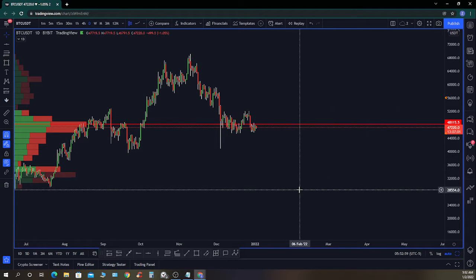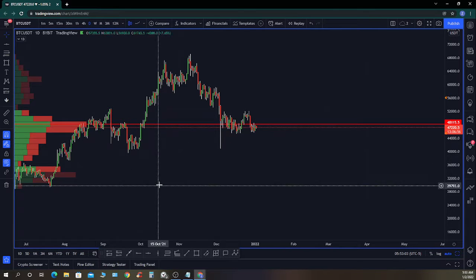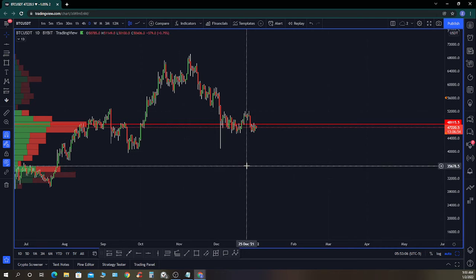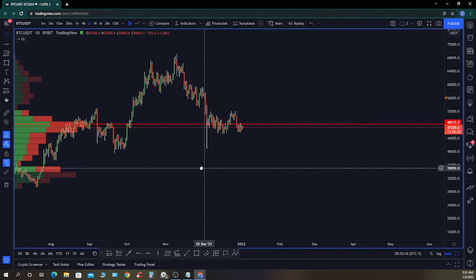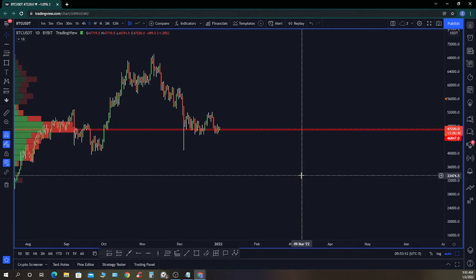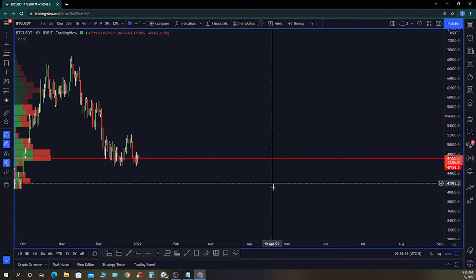That's not necessarily a very good sign. This is the balance area, so a lot of people would be making trades here either up or down because we're at the balance area or value point of control. So right there, we're just ranging, or chopping around, just giving you some levels.